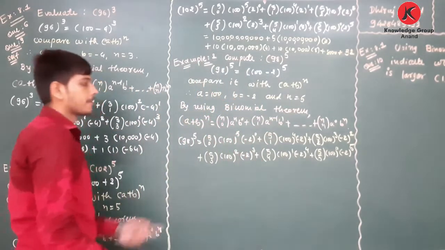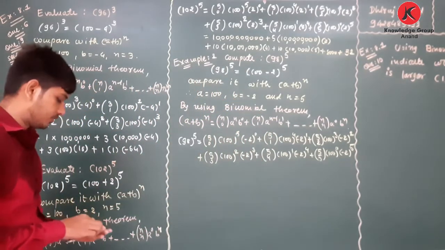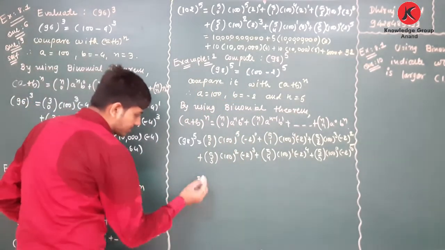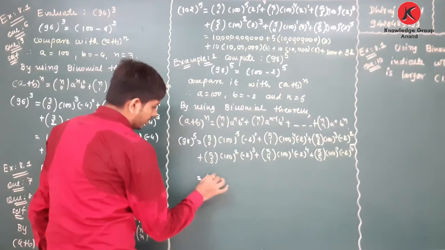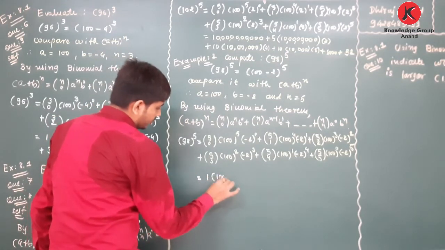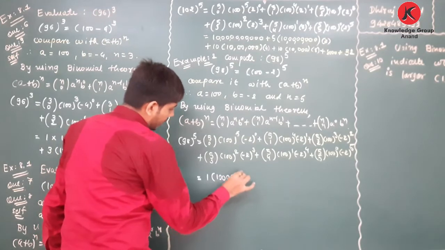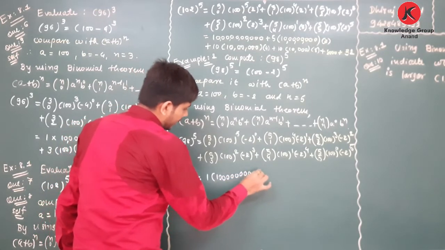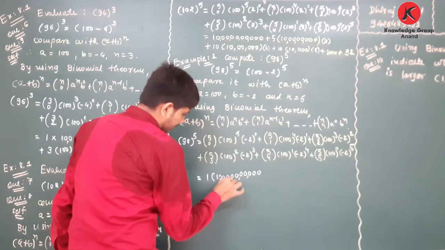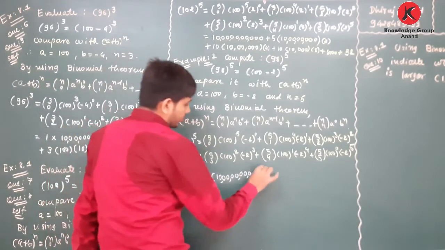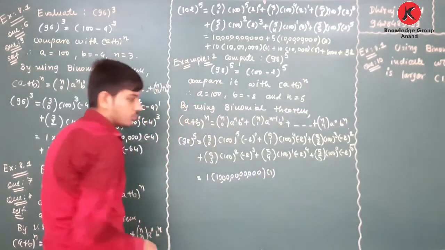Now simplify this thing. We are getting, so 5C0, 1 into 100 raised to 5, which is 1 with 10 zeros, into minus 2 raised to 0, 1.